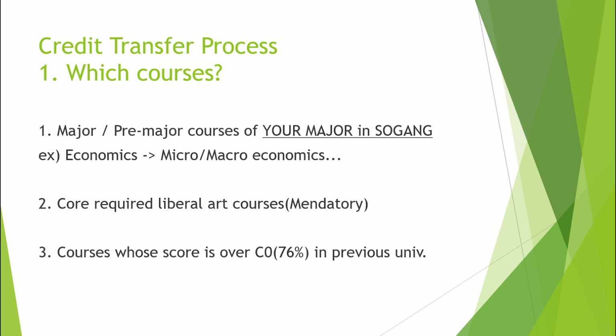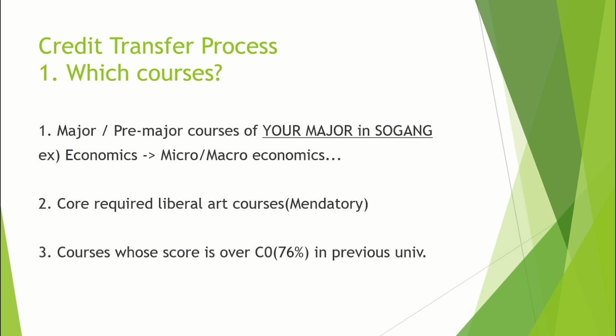The courses you can transfer are, firstly, your major and pre-major courses of your major here. For example, if your major was physics, but now your major here is business, maybe you cannot get any chance to transfer.